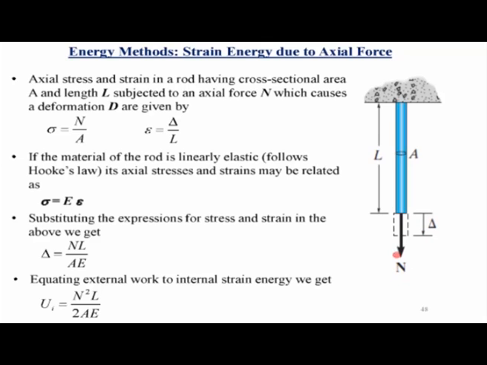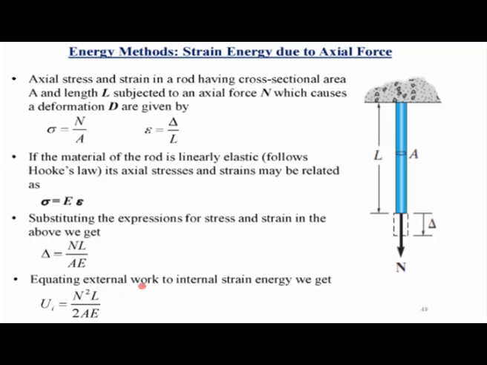So the external work done by this load N is half into N times delta. If you replace delta by the term NL over AE, the internal strain energy developed in the rod is N squared L over 2AE. This is half into N into NL over AE.